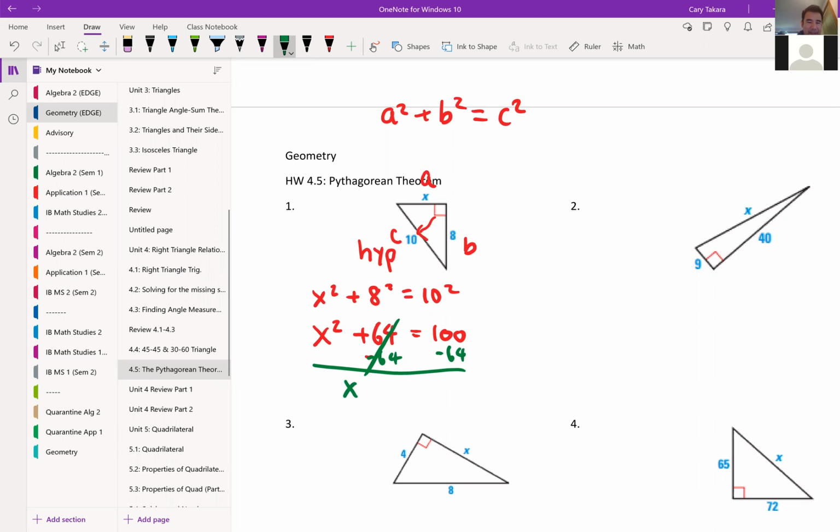So we've got x squared equals 36. Did you guys get that? Okay, nice job, Logan. And then the last step is you take the square root, because square and square root cancel out. So now we've got x equals square root of 36, which is 6. So the answer is 6.